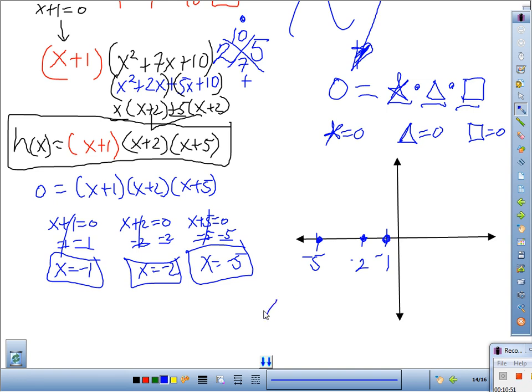And if it starts down here and it ends up here, then that means it should do this. And once again, what do we call these? X-intercepts, roots, zeros. And if I substitute any of these in here, what is it going to give me? A 0. That's why those are known as zeros.